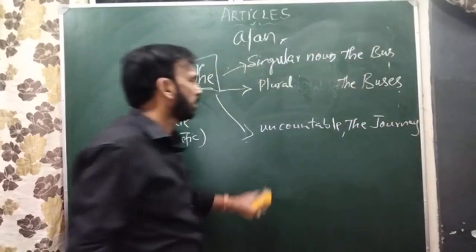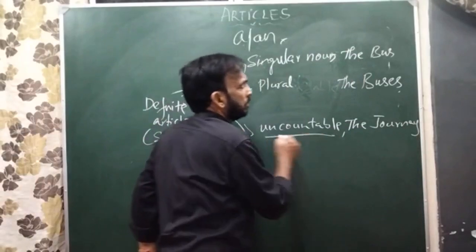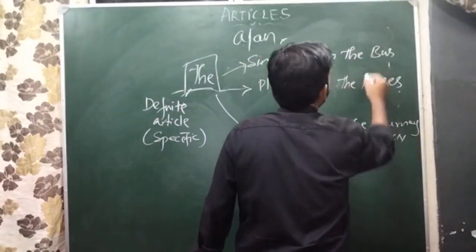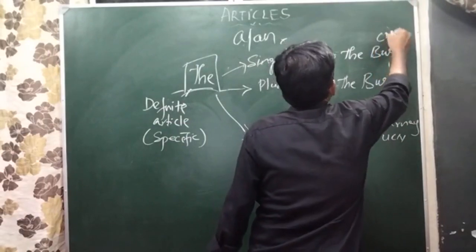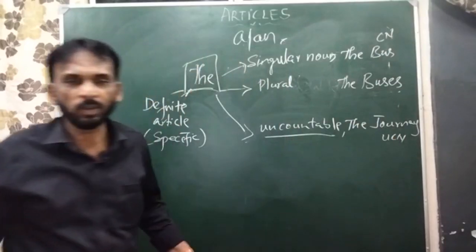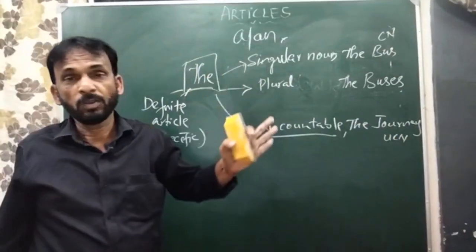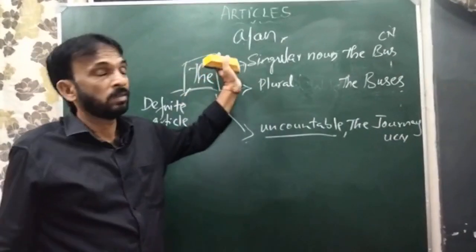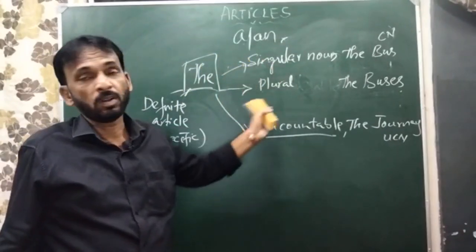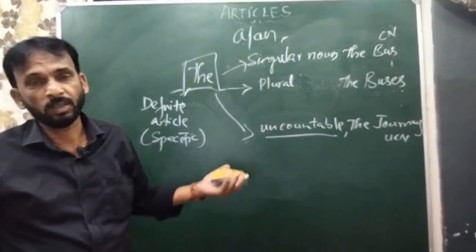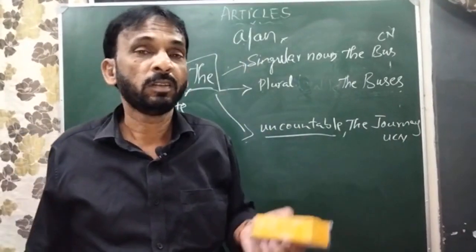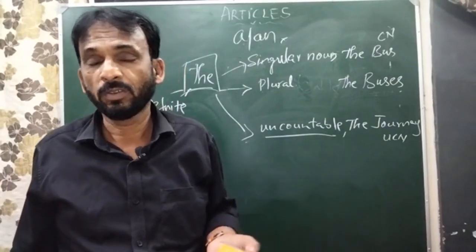Journey is an uncountable noun. So the good news is we can use the for singular nouns, for plural nouns, and also for uncountable nouns. We'll discuss more about the article the in the next video, a separate video.